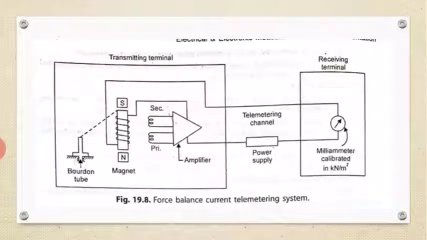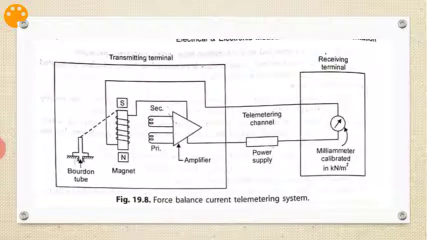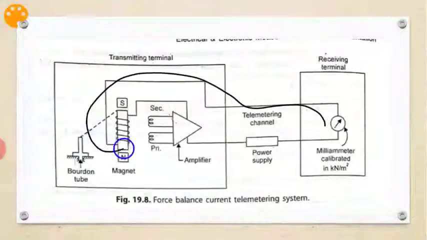Next is the force balance current telemetry system. In this system, part of the current output is fed back to oppose the motion of the input variable being measured. If you look here, this part is fed back to this coil. The Bourdon tube is here, and this coil is placed here.